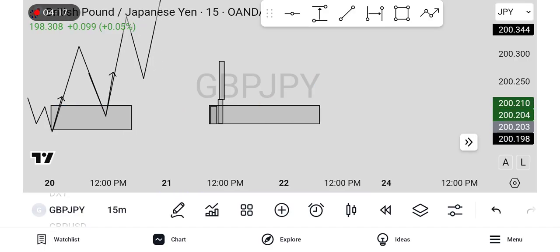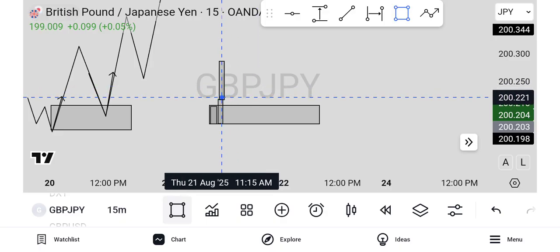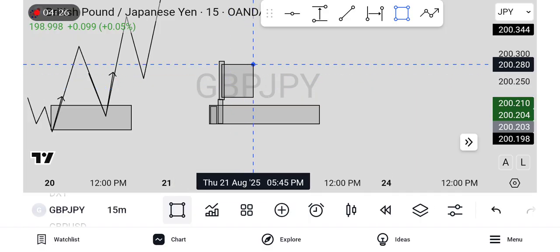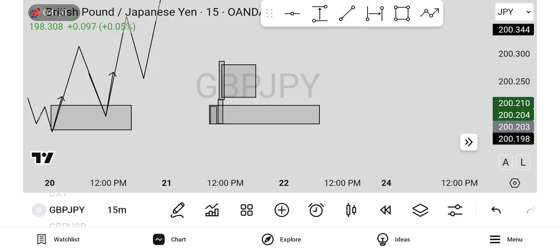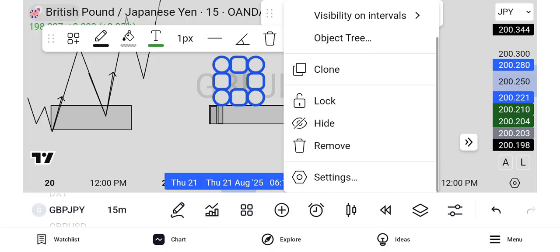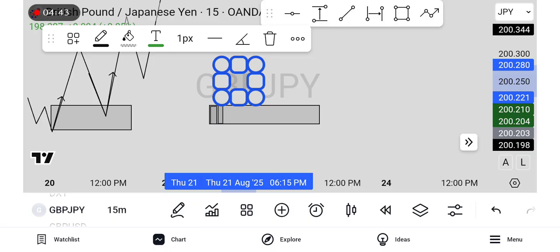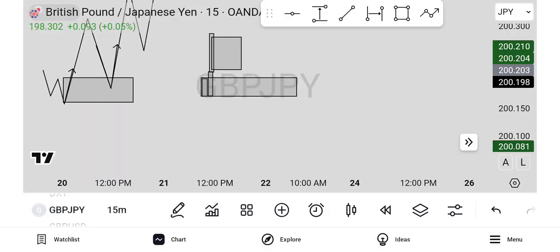Now why is this order block valid? Because it created an imbalance, which is this fair value gap. This fair value gap, which is the imbalance, makes the order block valid.